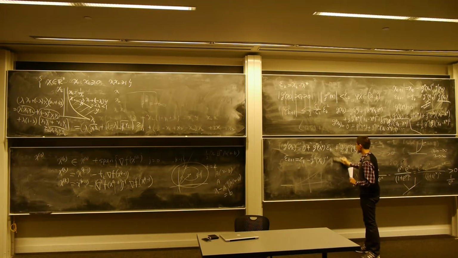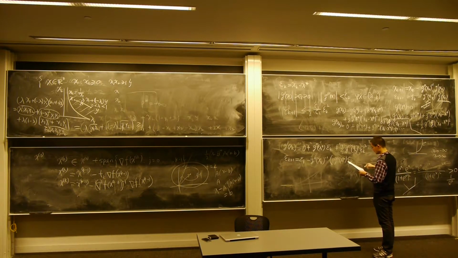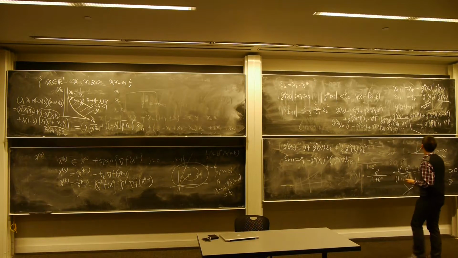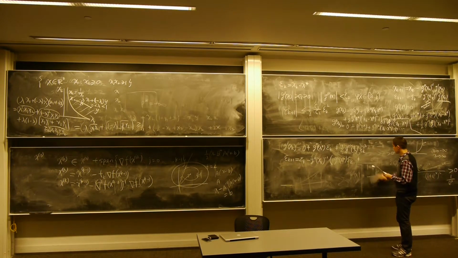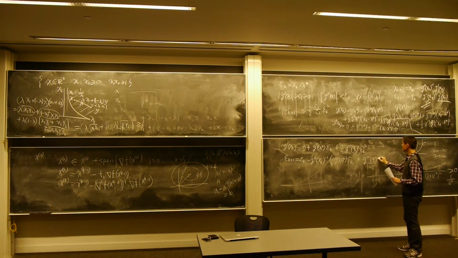I'll just erase g prime xk and put in g double prime x star epsilon k plus g triple prime c times epsilon k squared. Okay.